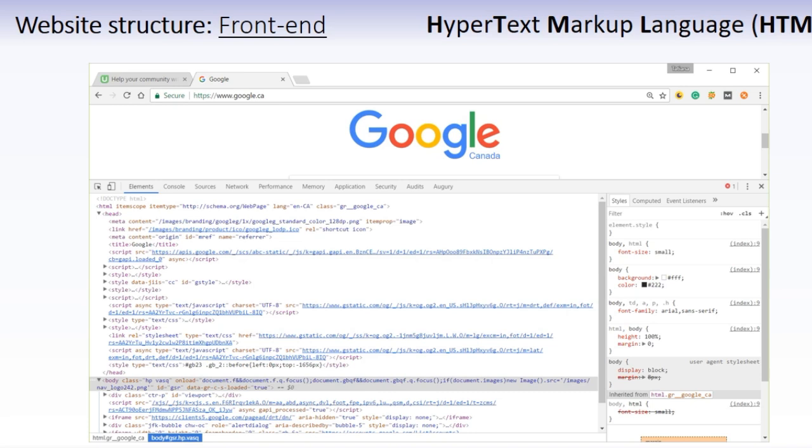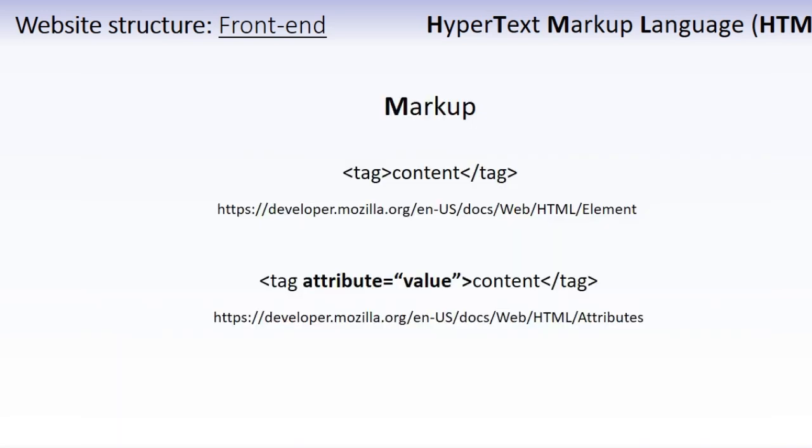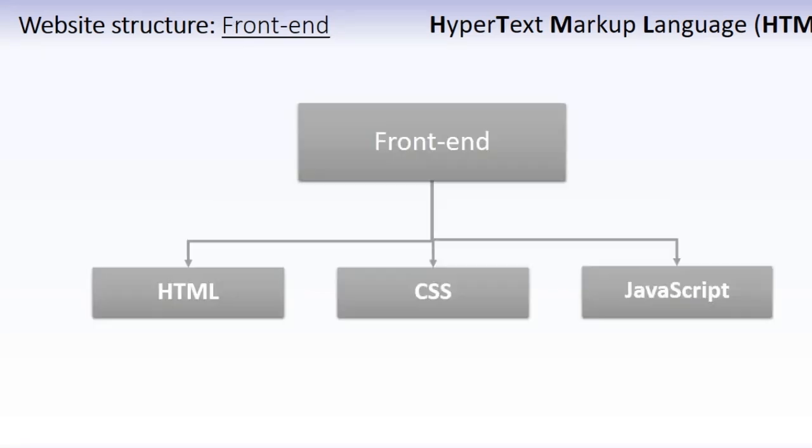Please find two links in the resource section of this lecture. The first link will give you a list of all HTML elements with descriptions and samples of use. The second link will have a list of attributes for the text and samples of use.